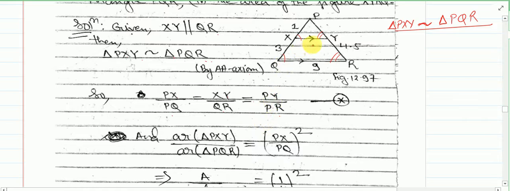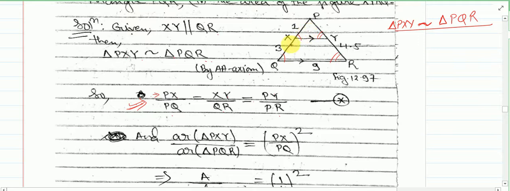And since these two are similar, we had done it in the very first lecture of this chapter, how the areas of similar triangles and sides are related. While writing the corresponding sides, in the numerator you have taken sides of the smaller triangle.